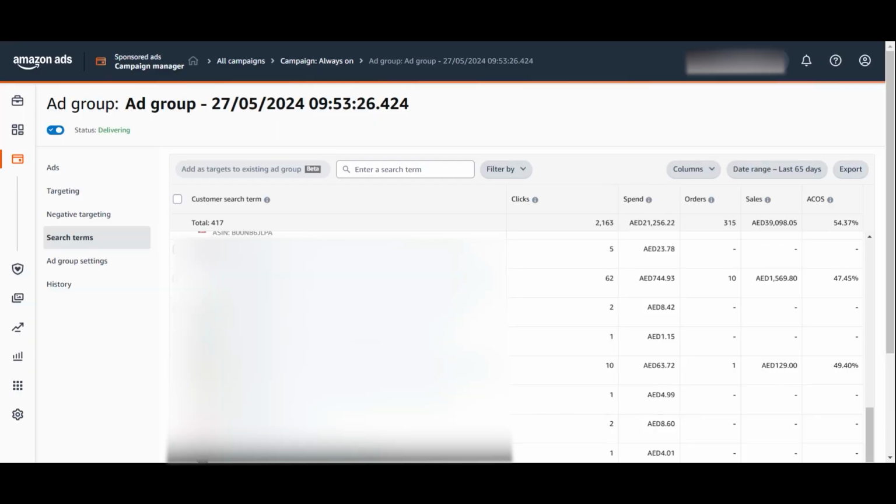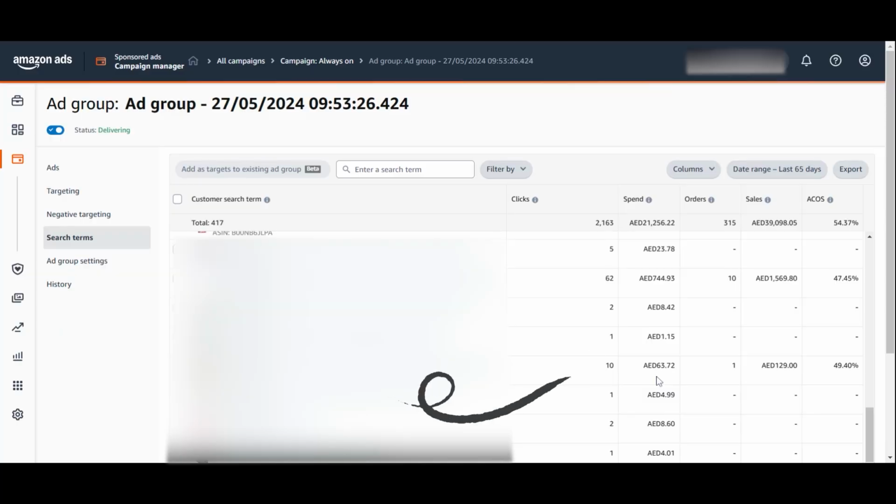Another concept of negation is you can see keywords that have a lot of clicks, maybe not enough orders. For example, this product had 10 clicks, only one order. We've spent 63 dirhams in ads on this particular target, but we've generated 122 dirhams with an ACOS of 49%.